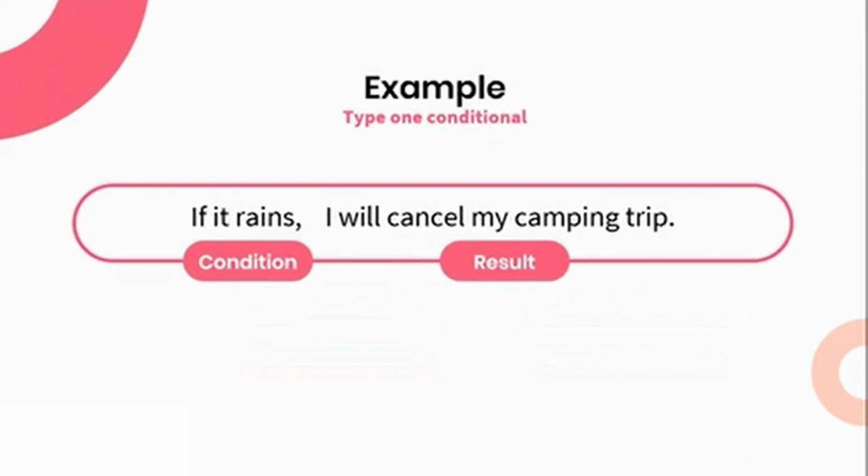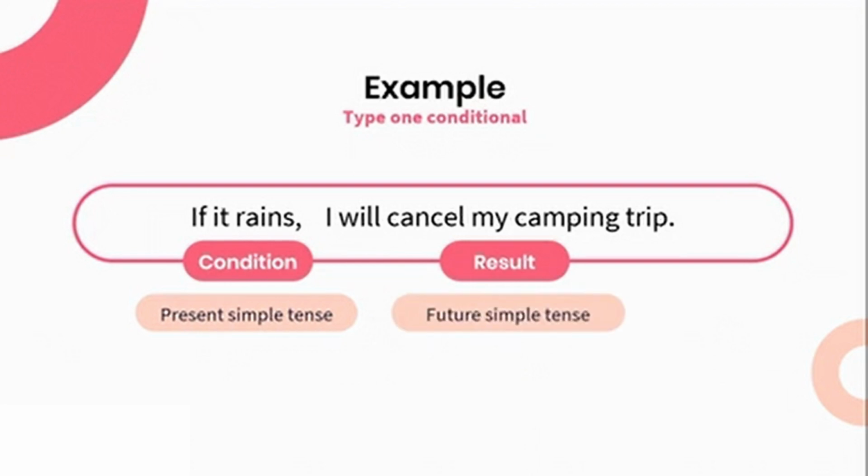But with the type 1 conditional, it gets a little more complicated. The condition is in present simple tense, whereas the result is in future simple tense. The tenses are different. But let's look at the condition. If it rains. Are we actually talking about now? No, we're talking about the future. The hypothetical event of rain takes place in the future.